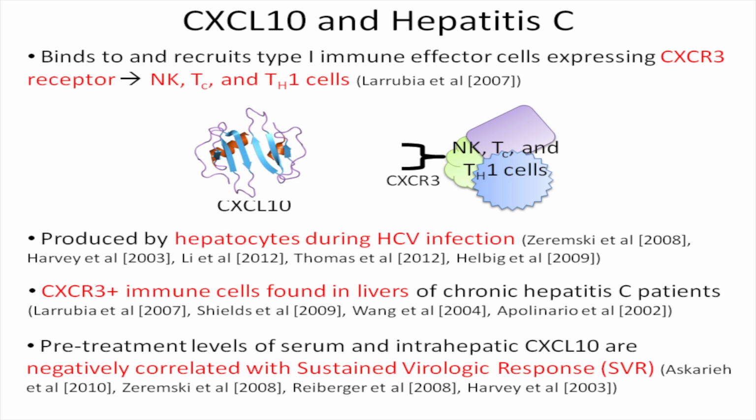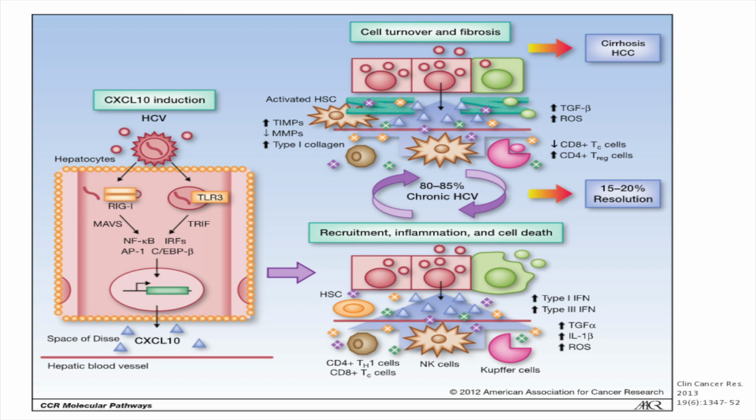So the general pattern of how we think CXCL10 and other pro-inflammatory chemokines initiate and continue inflammation is as shown in this slide. Upon infection of the hepatocyte, it's sensed by the cytoplasmic RIG-like receptor, RIG-I, and endosomal TLR3, which signal through a couple of adapters, MAVS and TRIF, to activate various transcription factors.